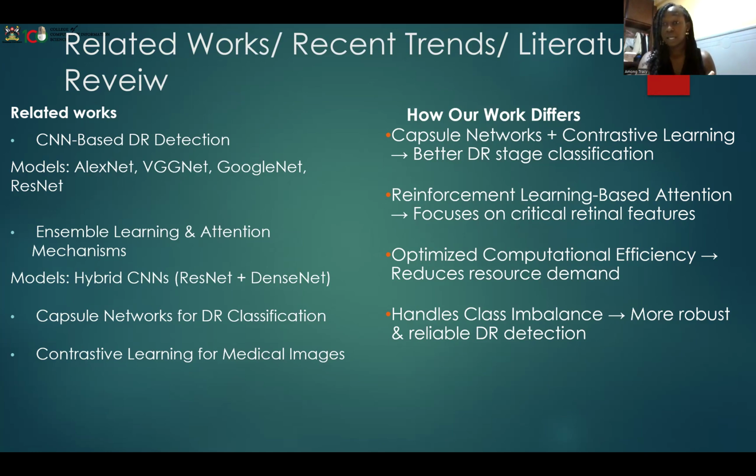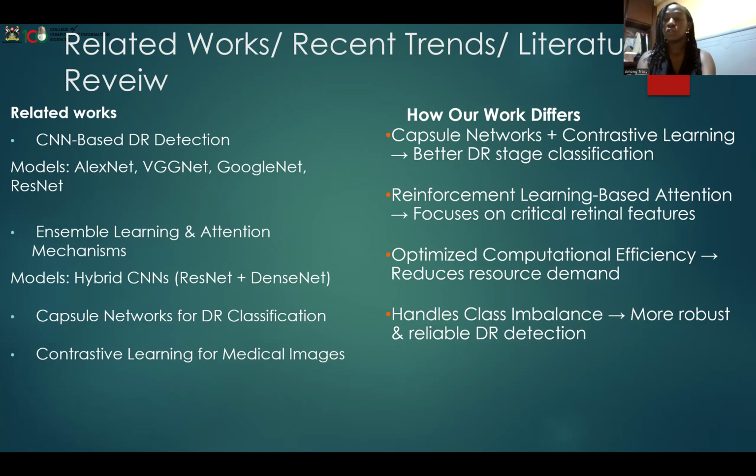The layers automatically learn the relevant features, for example, the presence of blood vessel abnormalities or lesions, which are some of the subtle features of DR. When we go to the next related work, which is ensemble learning and attention mechanisms, we have some of the examples there.